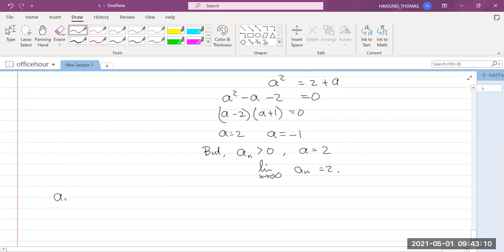Let's say if a sub n converges to A, that implies a sub n plus 1 also converges to A. Okay, now I will prove by contradiction.